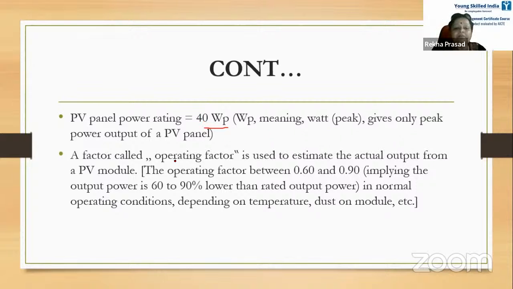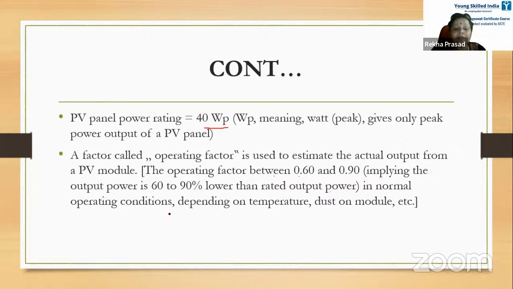The rating gives only peak power out of a PV panel. A factor called operating factor is used to estimate the actual output from the PV module. The operating factor between 0.60 and 0.90 implies the output is 10 to 40% lower than the rated output power.